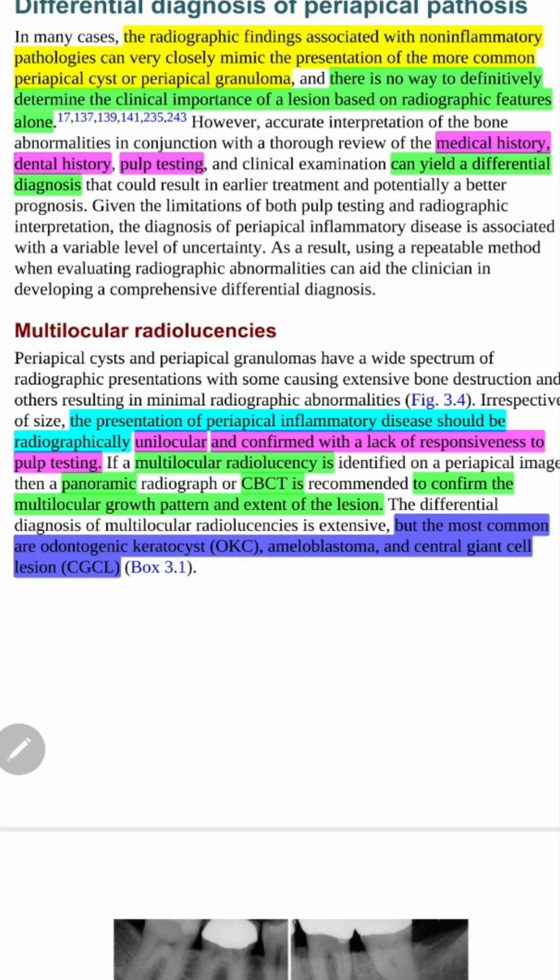But if a multilocular radiolucency is identified and we have an extent of growth in the lesion, then the differential diagnosis of multilocular radiolucency must be taken. What are the most common radiolucencies that are multilocular? We have the odontogenic keratocyst, the ameloblastoma, and the central giant cell lesion. We will talk about them now.